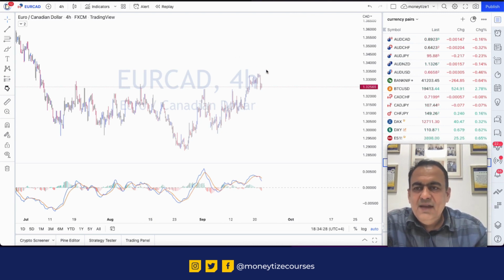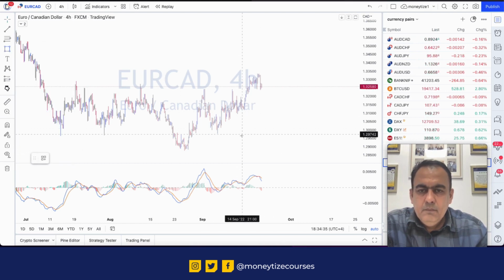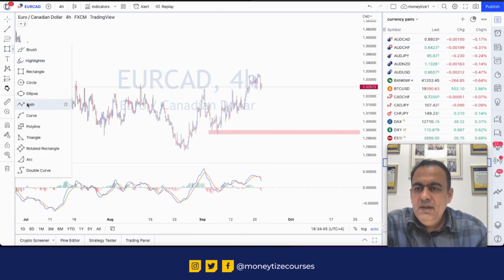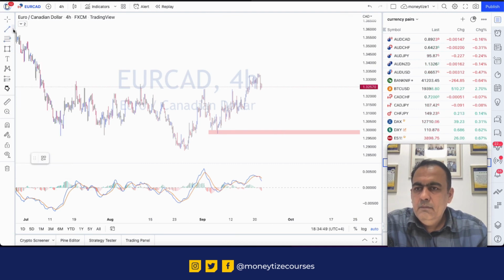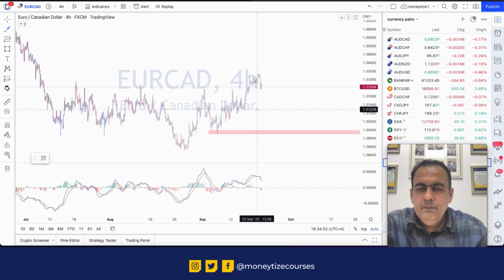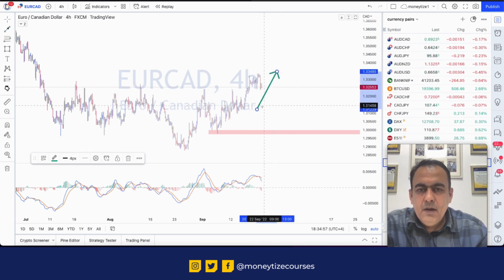So let's say I want to keep my stop loss somewhere below this support area, and I'm planning my entry somewhere here. So I'm looking to buy around this area.